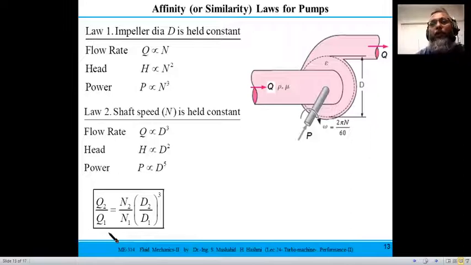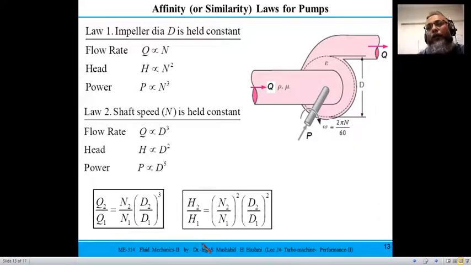So you can work out the corresponding volume flow rate. Similarly, for head the expression has N square and D square, and for power it is directly proportional to N cube and the fifth power of the diameter.